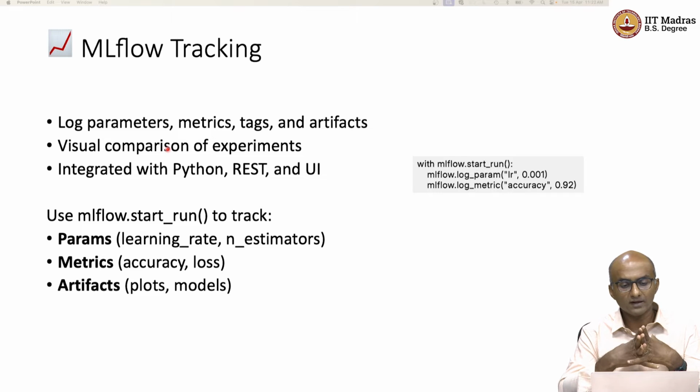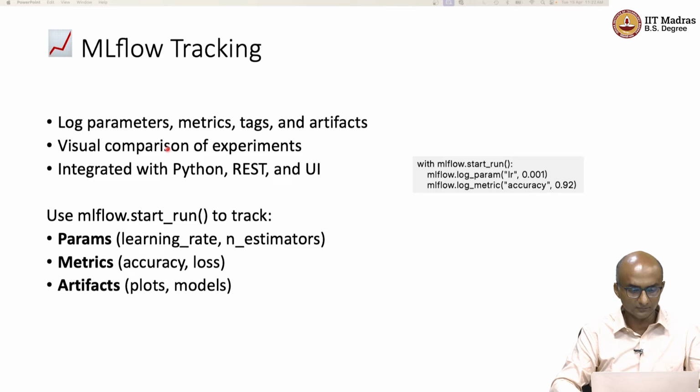The good part is the tracking server. I mean, it's server based as an architecture. It's fully integrated with Python. It supports REST based calls, and it also provides a UI. Which is fairly comprehensive for an open source project that tries to solve for this problem of tracking model development.